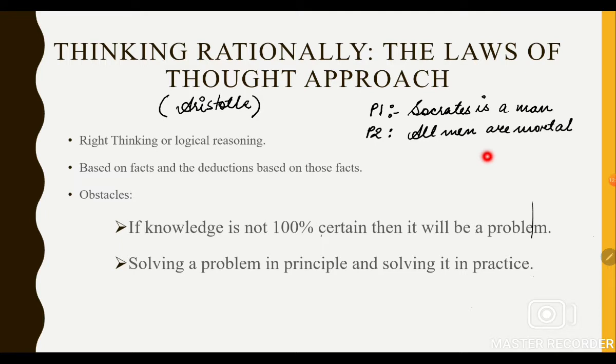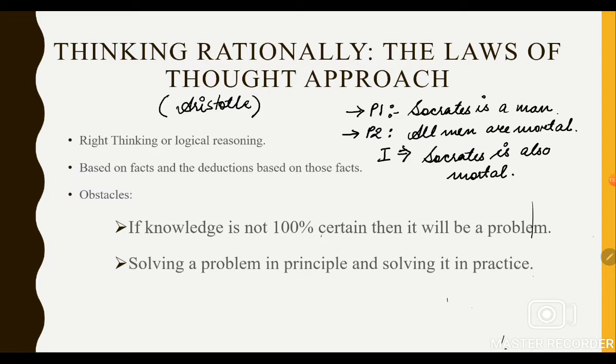Now, if we are thinking in the right order and making use of these two premises, we can infer from them that Socrates is also mortal. Okay, because Socrates is a man, and all men are mortal, so definitely Socrates is also mortal.